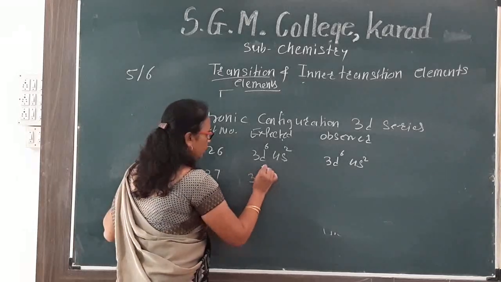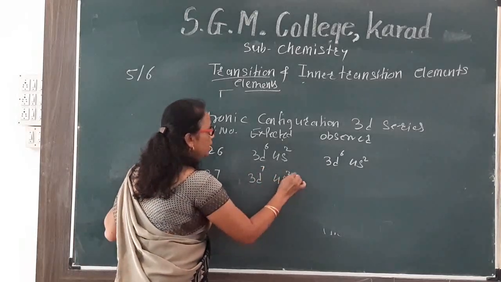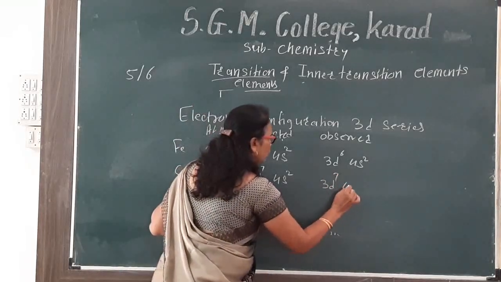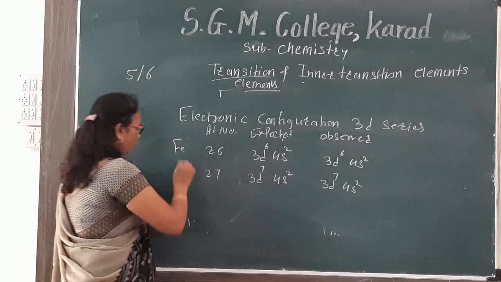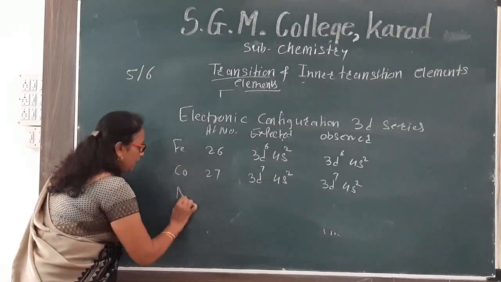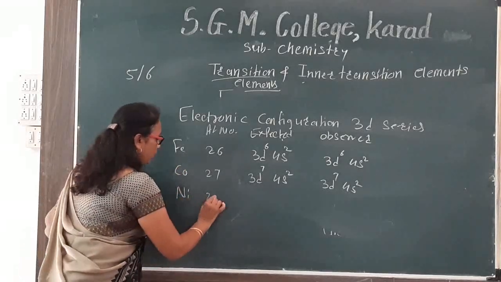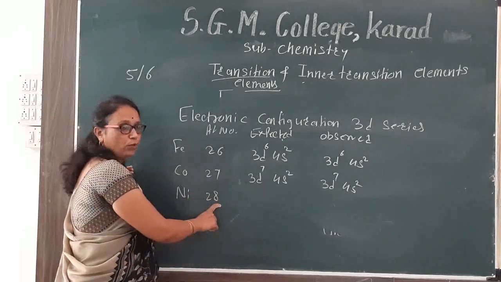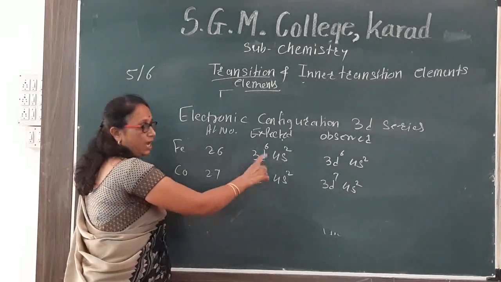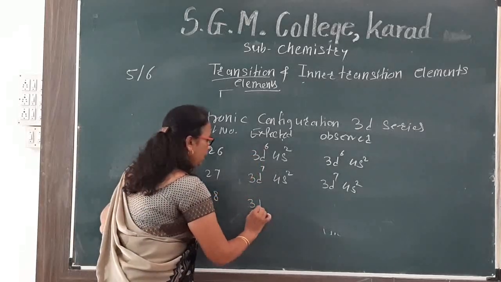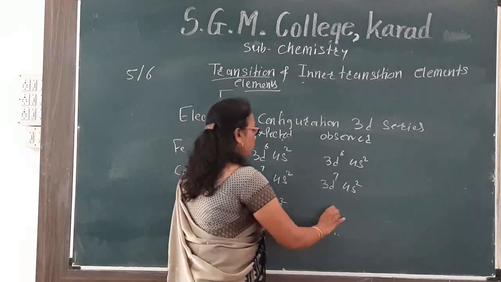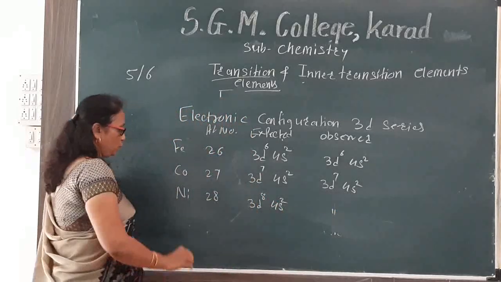Configuration is 3d7 4s2. Observed is also 3d7 4s2. Ni, atomic number 28, hence configuration 3d8 4s2. Similarly, observed is also the same, 3d8 4s2.